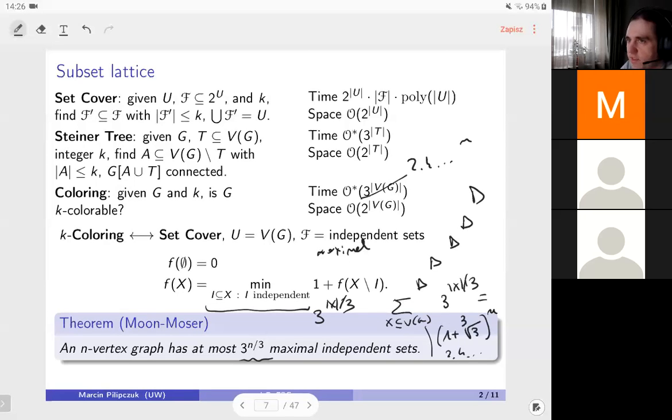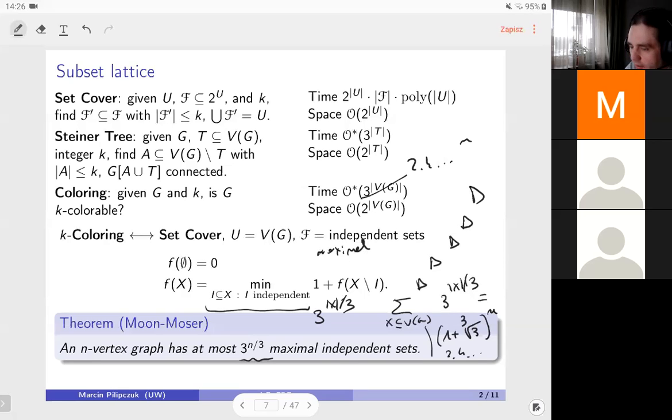This is not the essence of this lecture, but what I wanted to say here is that this k-coloring problem is really a set cover problem. And if you write the recursion and understand that you're really iterating over maximal independent sets, then you get a running time bound of the form (1 plus the cube root of 3) to the n, just by doing this recursion and enumerating maximal independent sets within X, using the correct recursion to get the good enumeration algorithm.